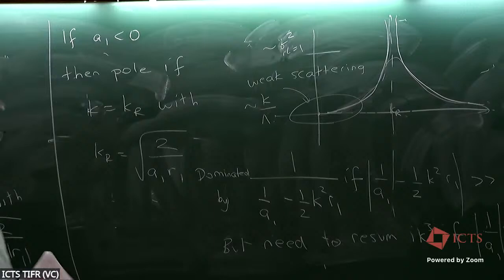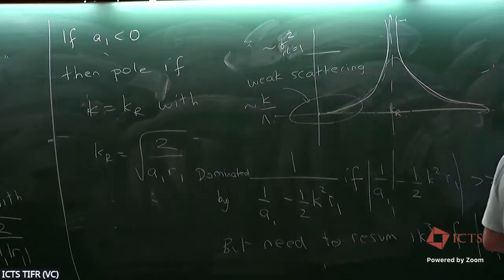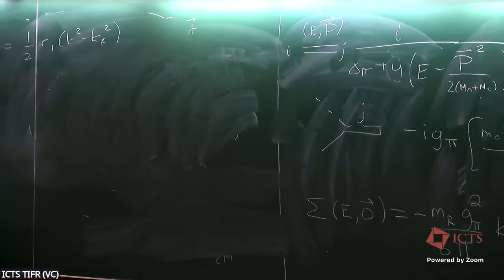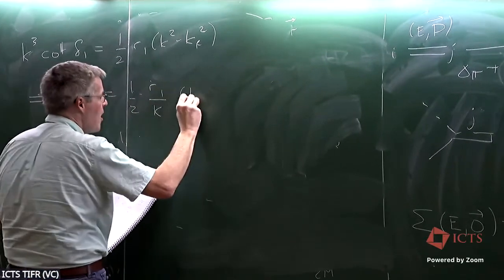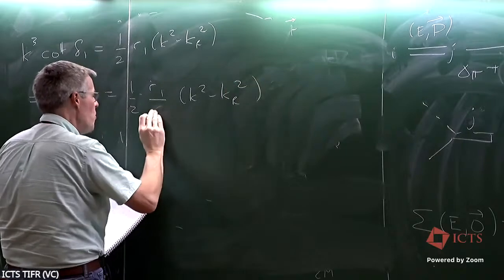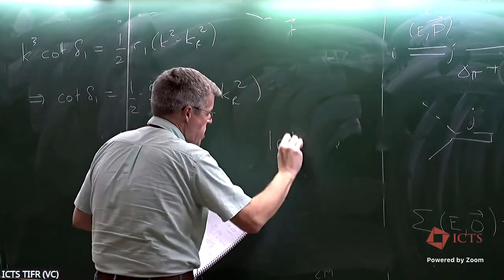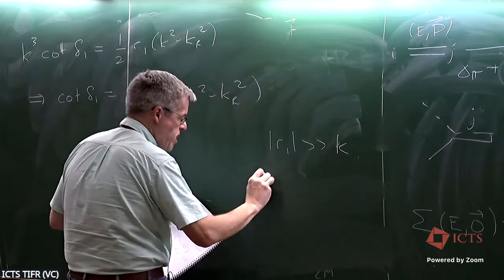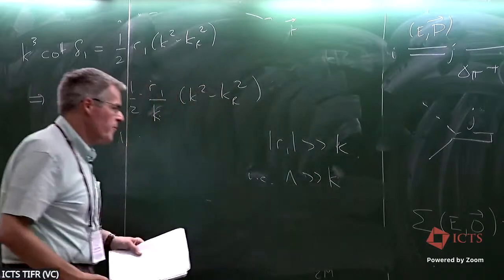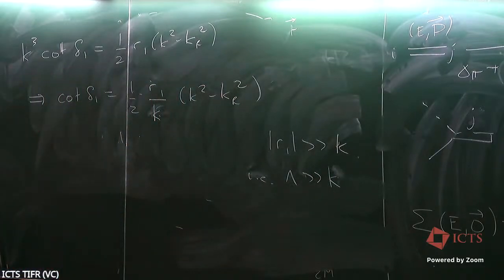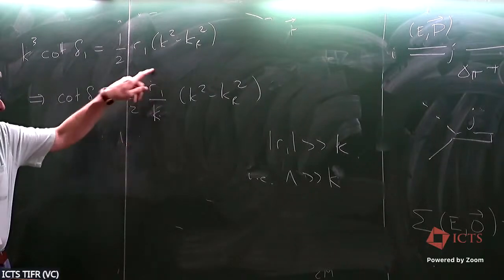So just to make this point explicit from the effective range expansion, if I have k cubed cotangent delta 1 equals 1/2 R1 k squared minus kR squared, then cotangent delta, unless the thing in round brackets is small, as long as k is small compared to my high scale associated with the range of my interaction, this thing will be big.